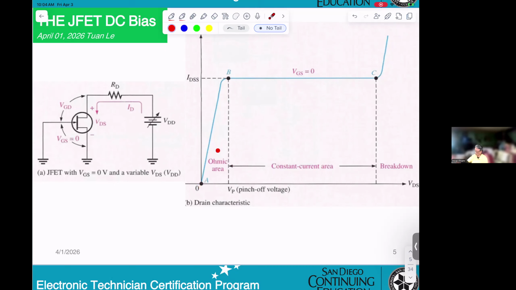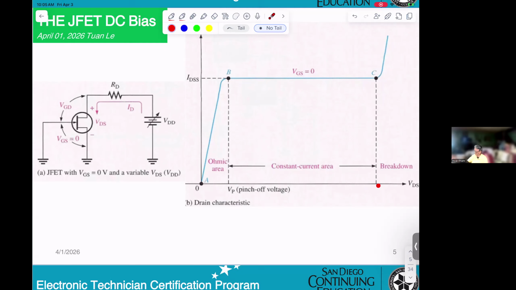Okay? So basically, they show you the ohmic picture from 0 ID up to VP here. This region they call the ohmic area, which means it can be used as a resistance. From VP up to this point, the current ID has no change and equals IDSS.